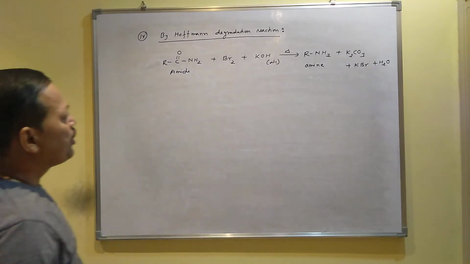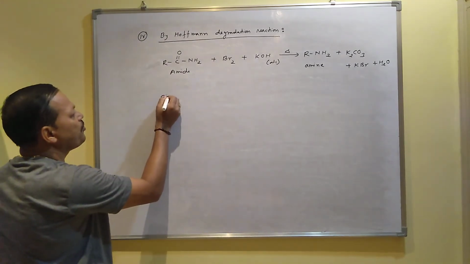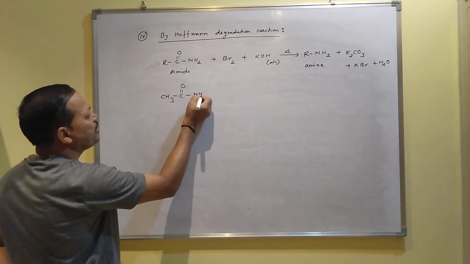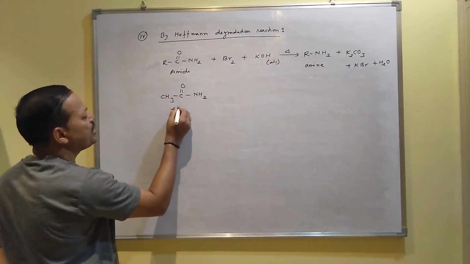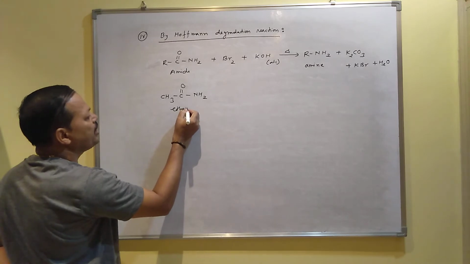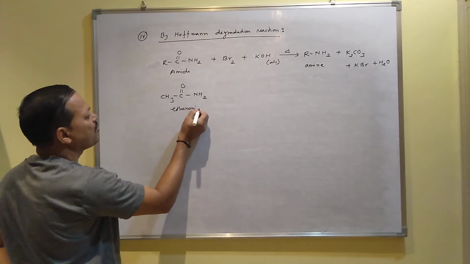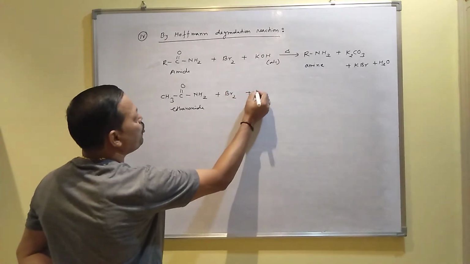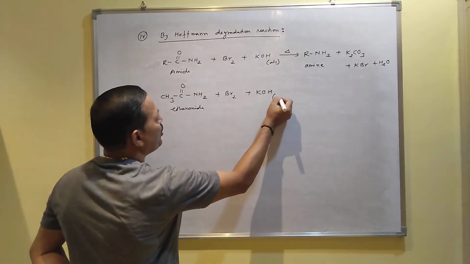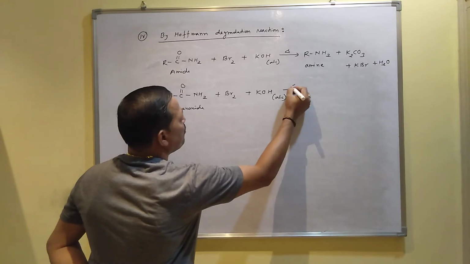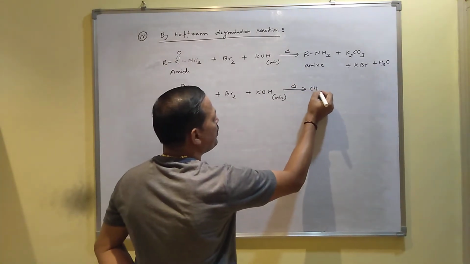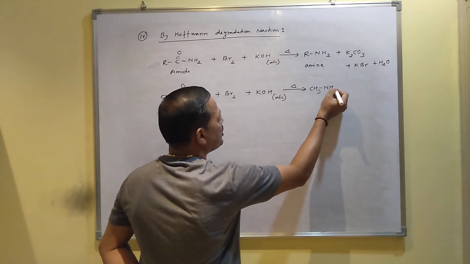Now consider one example, CH3CONH2. Here 2 carbons are present, that's why this is called ethanamide. When it reacts with bromine and alcoholic potassium hydroxide in presence of heat, this CO will be removed and you will get the amine methanamine, CH3NH2.